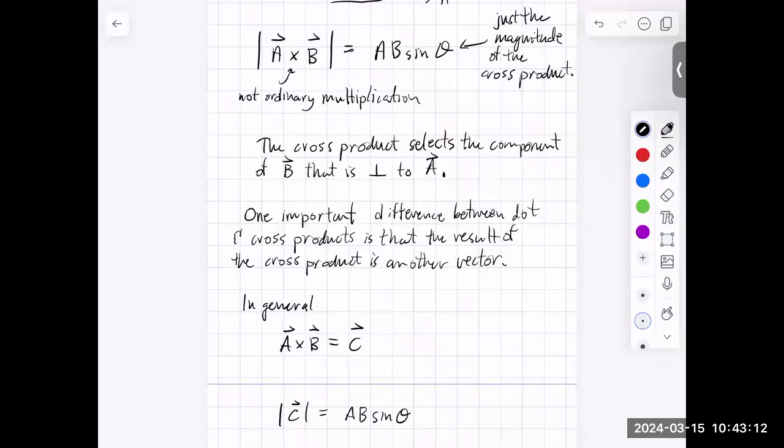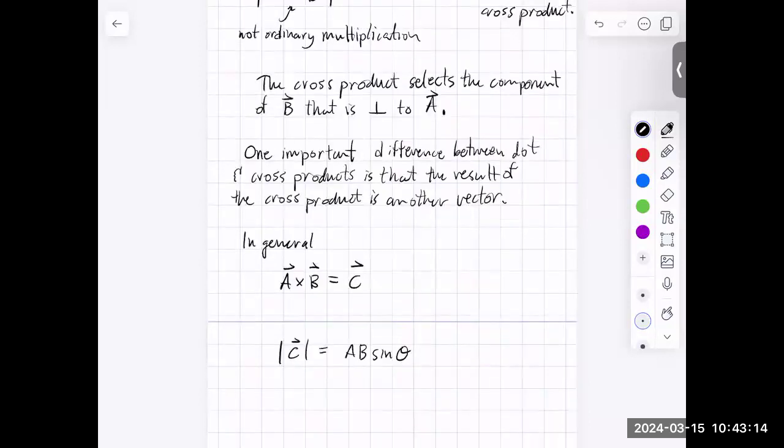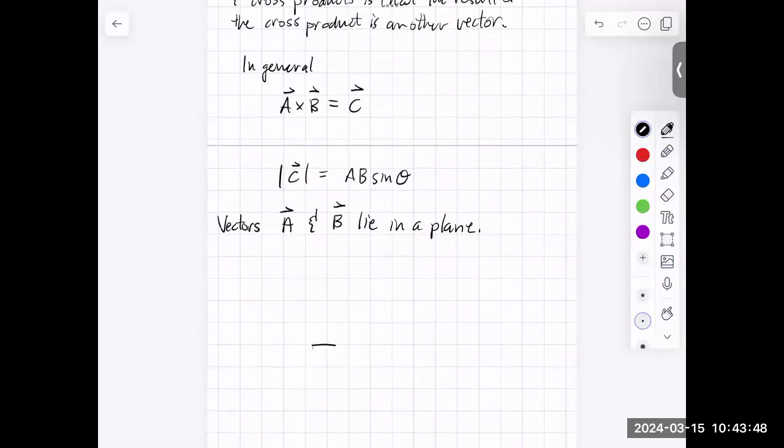Okay, and so this one is the following. So the first thing we could do is we could say the direction of, well, let's say it this way. Vectors A and B lie in a plane. And so I'll draw the same picture that we've drawn a couple of times already.